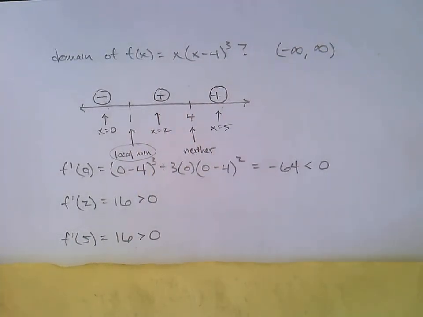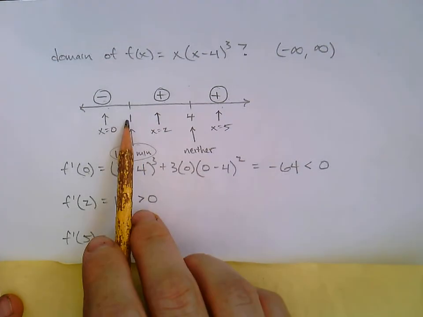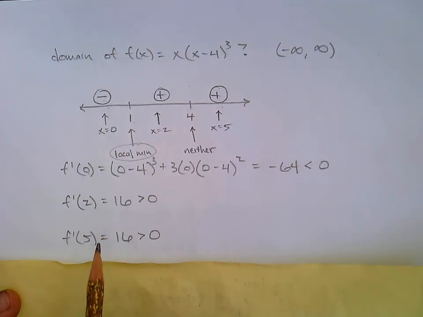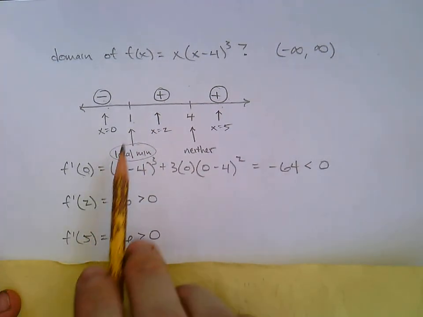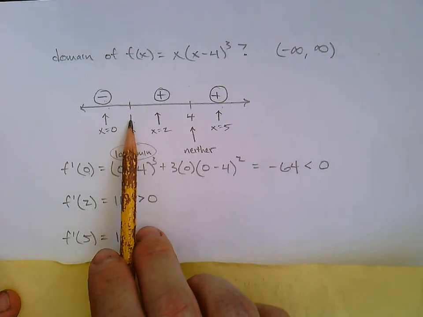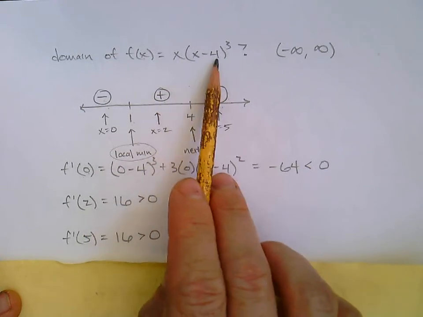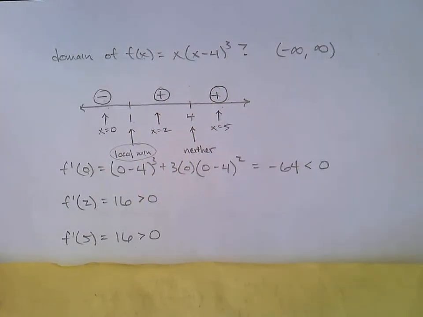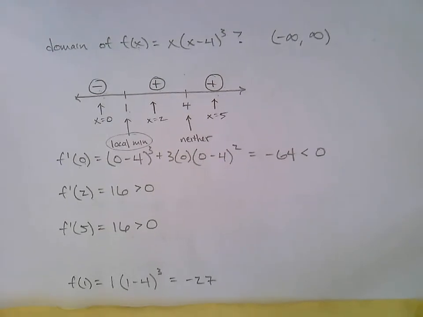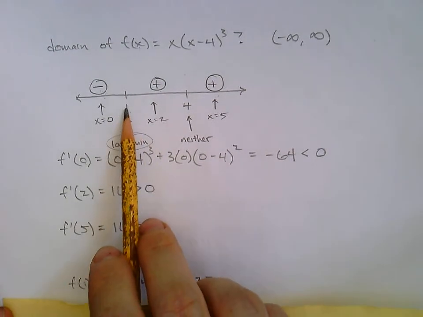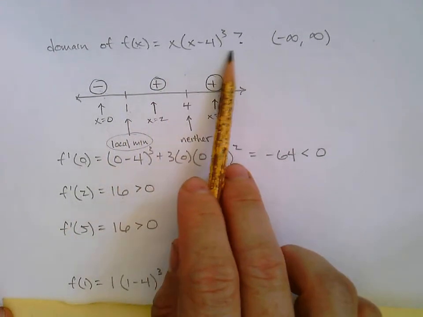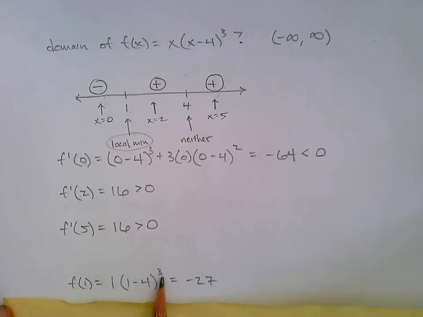Okay. So what are we going to do? All right, we've identified the local min. That's all we've got. So we're going to take the 1, plug it back into the original, and find the y value there. So there you go, f of 1. Now I'm looking for a y value, so I know to plug it into the original. 1 times 1 minus 4 to the third is negative 27.